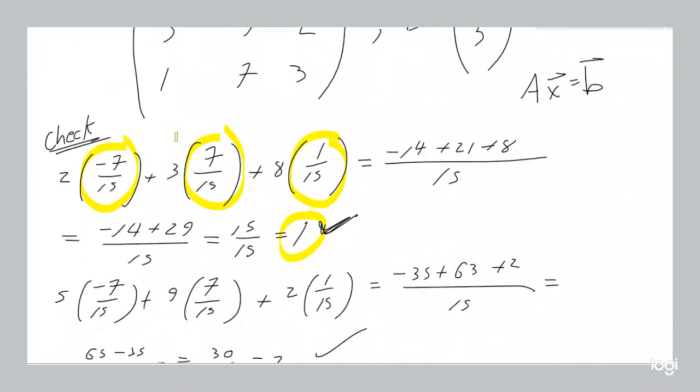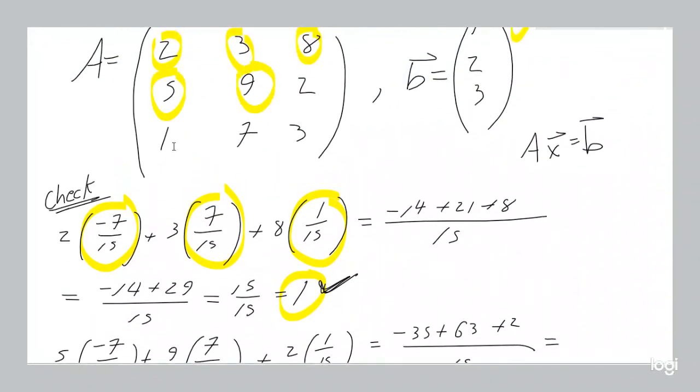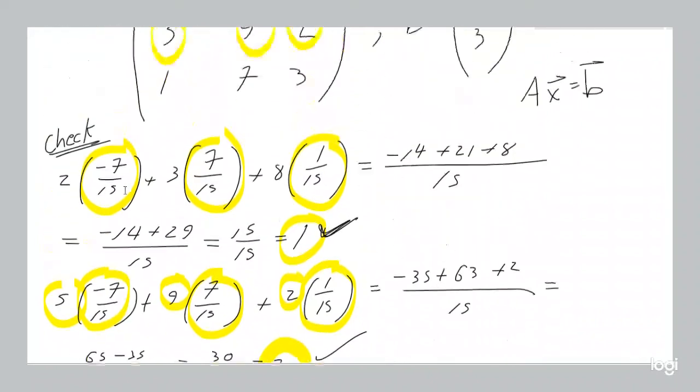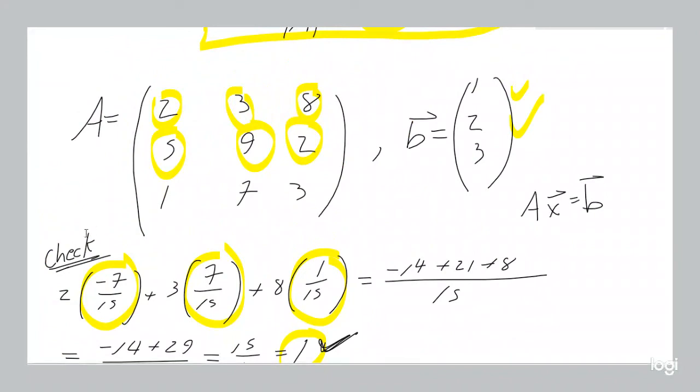So we have 5, 9, and 2. We take 5 times the first component of X, 9 times the second component of X, 2 times the third component of X, and eventually that gives us a 2, which is exactly what we want, the second component of B. And for the third component, we're going to do 1 times the first component of X plus 7 times the second component plus 3 times the third component.